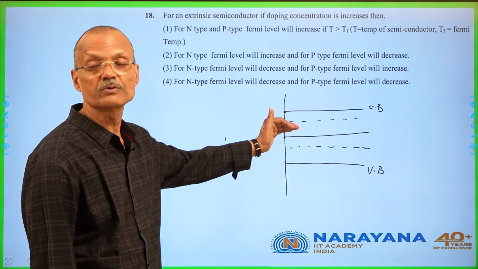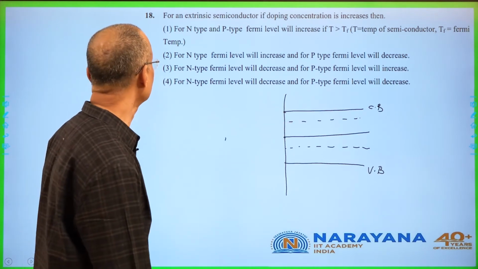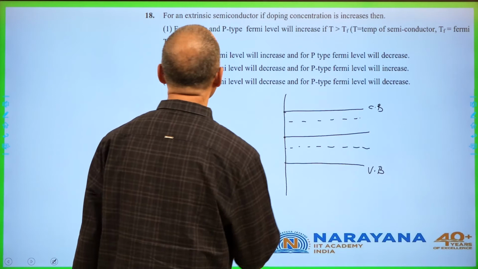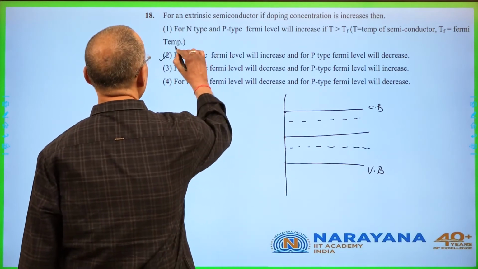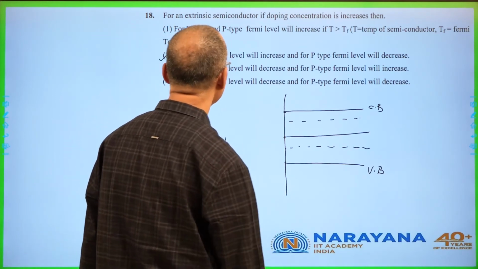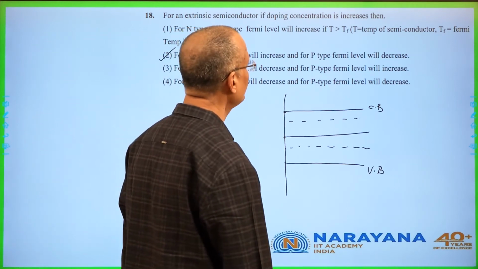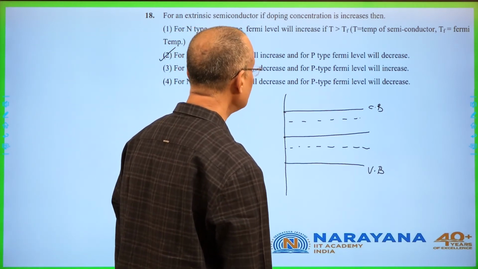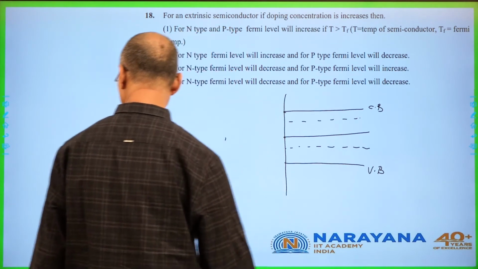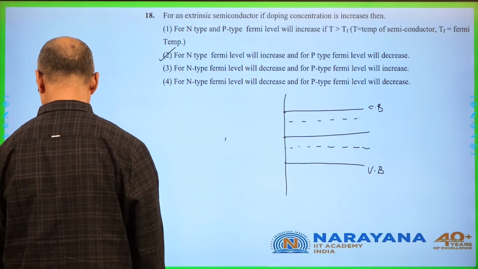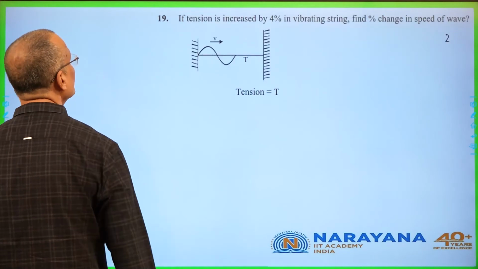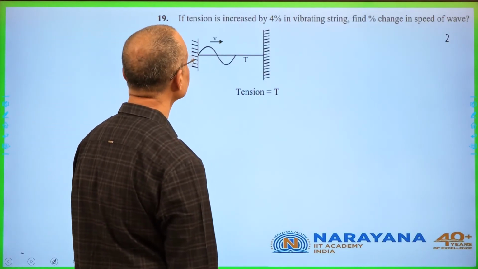For p-type, it will move more nearer to valence band. So in these four, I feel that more accurate answer will be for n-type Fermi level will increase and for p-type Fermi level will decrease. Clear to you? Now, let us move to next question, question number 19.